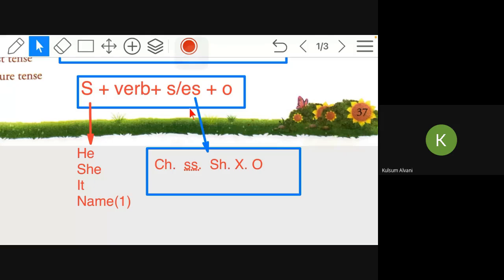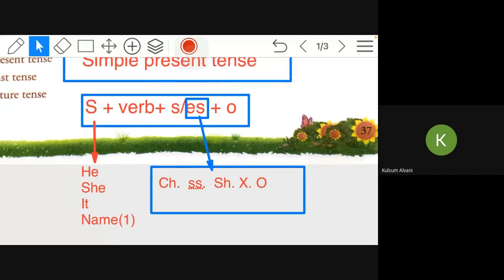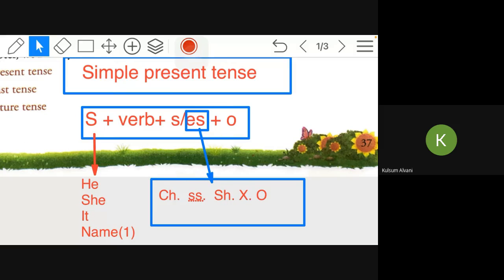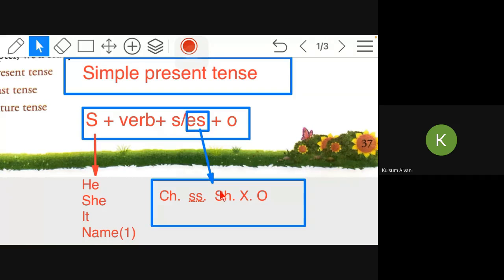Only then we have to choose this condition of adding s or es. Then we have to see if any verb is ending with any of these, then we have to add es. Otherwise, we will add s. So please write this as I have written. You have to write this in the same way in your rough notebook. Quickly write this down.